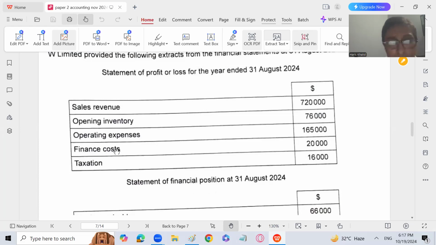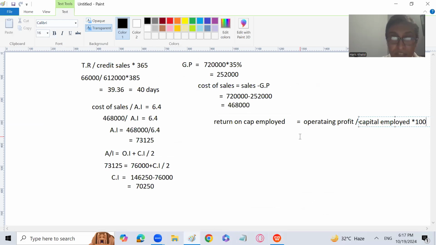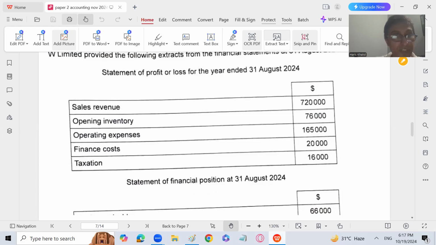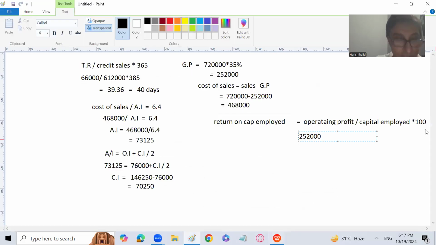Finance cost, we don't need to subtract it. Taxation, we don't need to subtract it, because we need profit from operation, or operating profit. So profit from operation is going to be gross profit, which is 252,000, minus operating expenses, which are given in the question, that is 165,000, divided by capital employed.